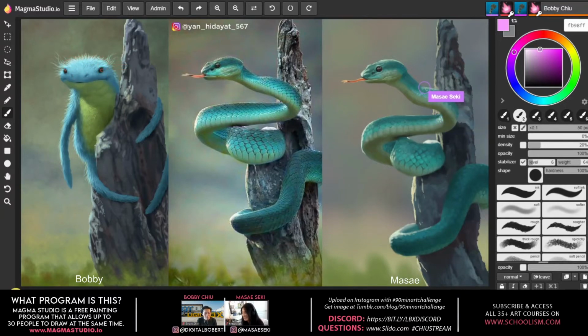So maybe we should explain a little bit of what we're doing as well, Masae, while we're on that topic. Yes. You've got your scales. I do, and I think this is the point where I started adding the highlights, the brightest spots on the scales.